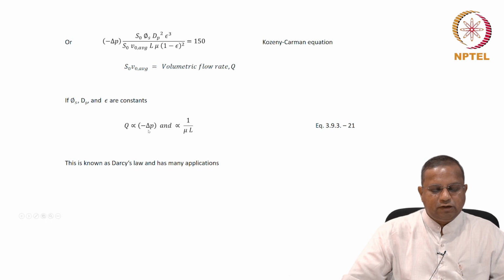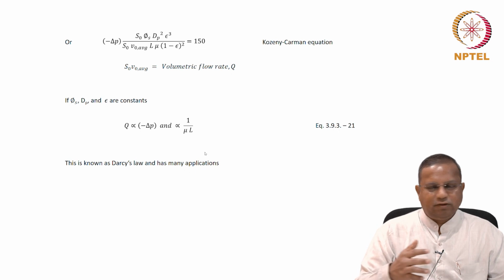This relationship is important. The flow rate is directly proportional to the pressure drop and inversely proportional to the viscosity times length, is called Darcy's law, and it has very, very wide applications. Darcy's law is used in research significantly.